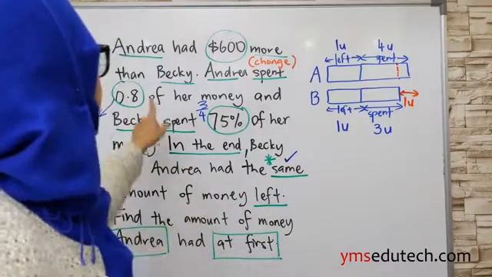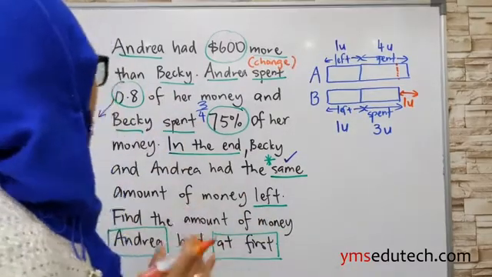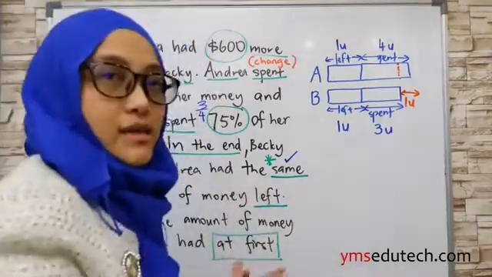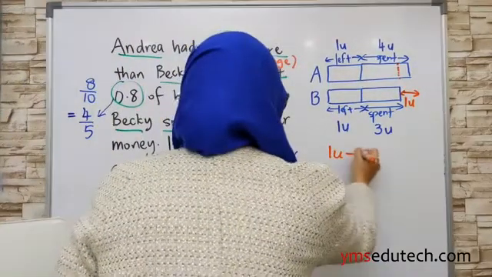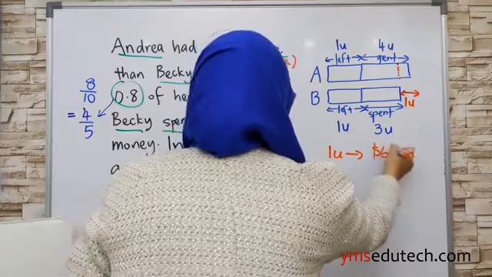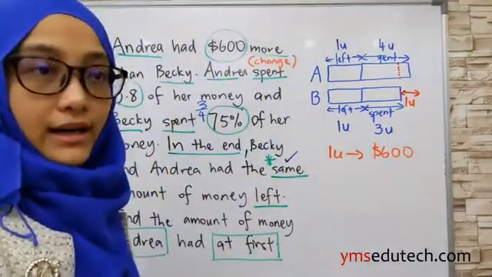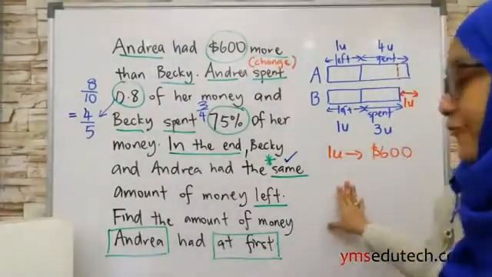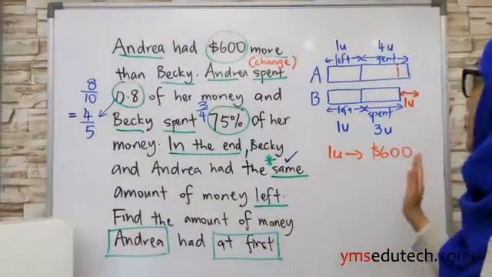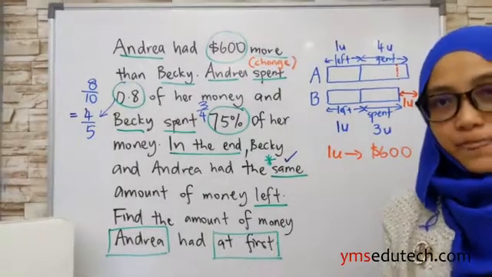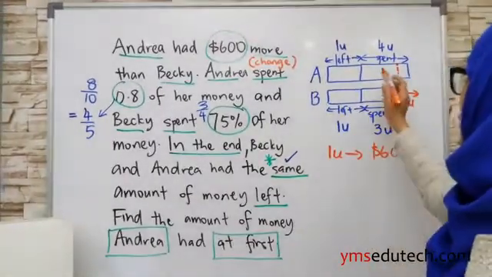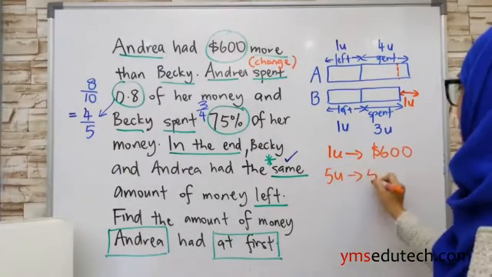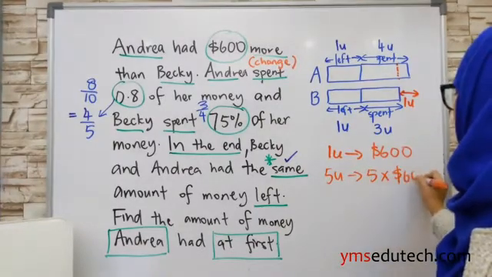It says Andrea had $600 more than Becky. So what does it mean? That means 1 unit was $600. Correct? So what are we interested in? How much money did Andrea have at first? So how many units did Andrea have at first? What was the total number of units at first? 5 units. So 5 multiplied by $600.